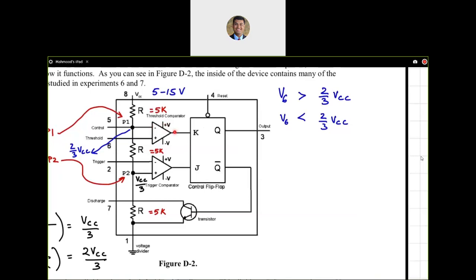That would mean that the output of the op amp is high, and consequently the input to the K is going to be 1 or high. So I can say K is 1 in that case. And if V6 is lower than 2/3 VCC, then the comparator will saturate low. I can write that as K is 0.